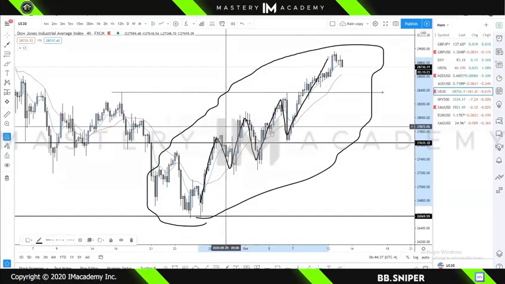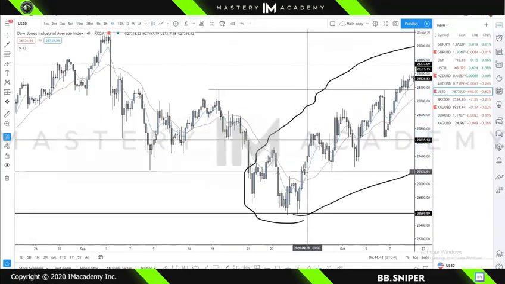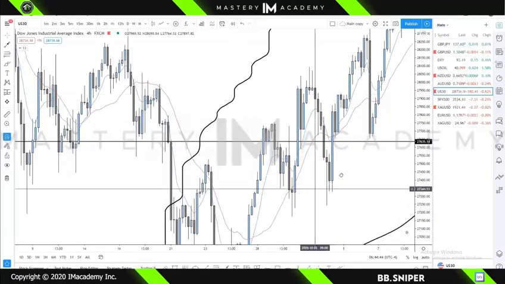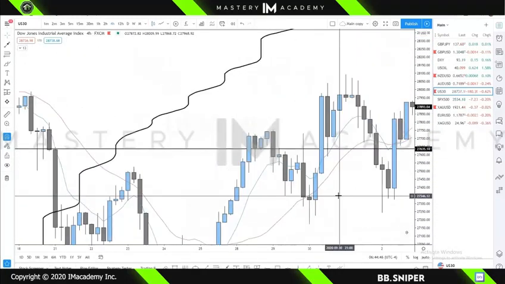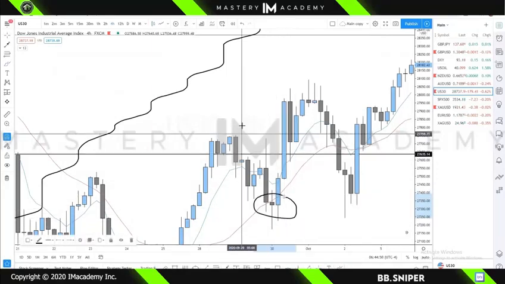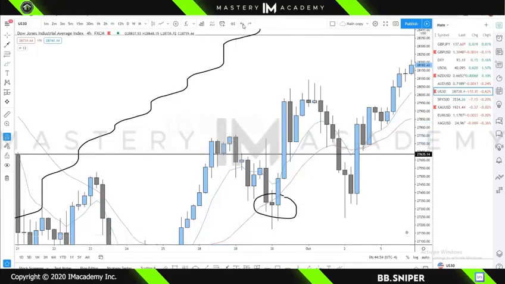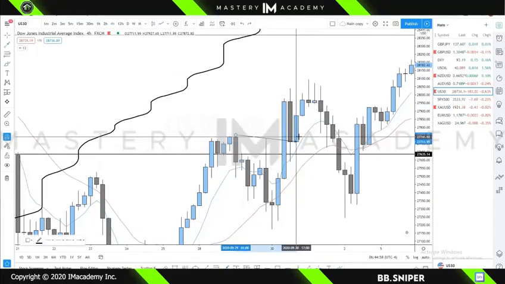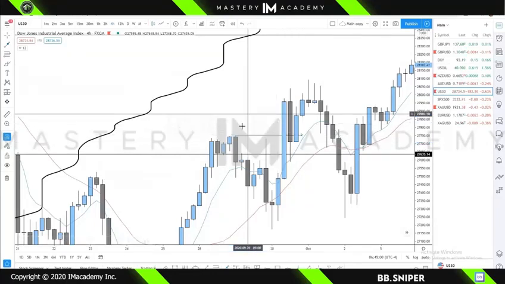So I'm going to show that here. Okay. So we have a valid 4 hour higher low point. Higher high, higher low. Then 4 hour takes this external liquidity and makes a higher high.